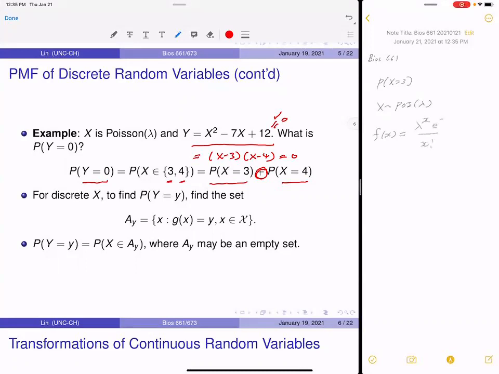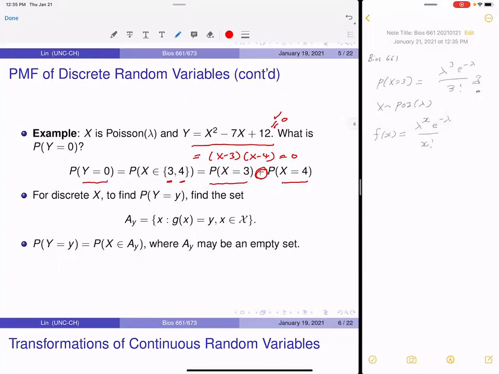The probability of X equals 3 is nothing but plugging in where the x should be. That's it.